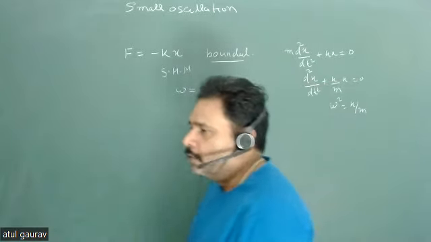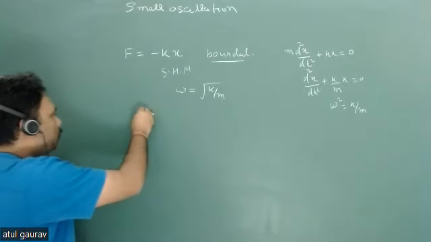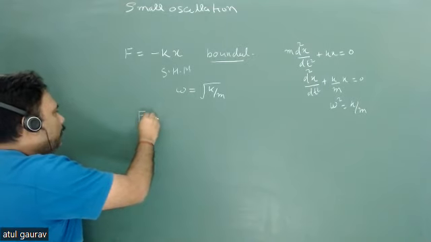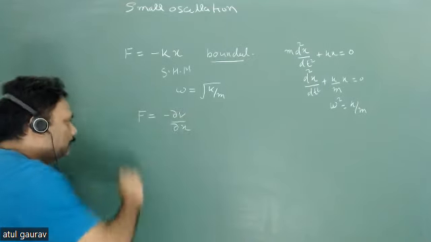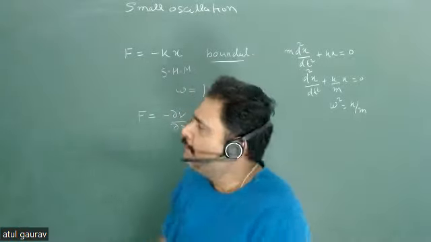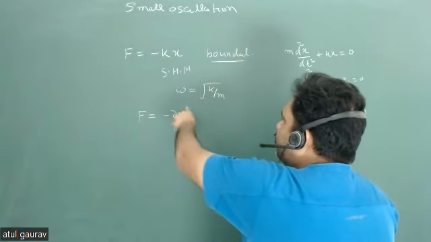So what is force? We are talking about a conservative force. So force F can be defined as minus del V upon del X. If F is linear, then what should be the nature of V?